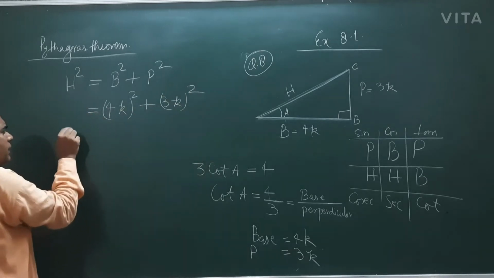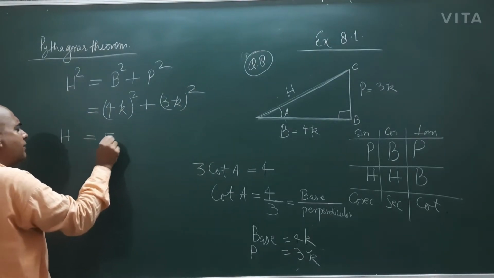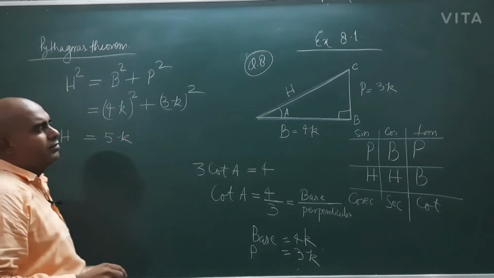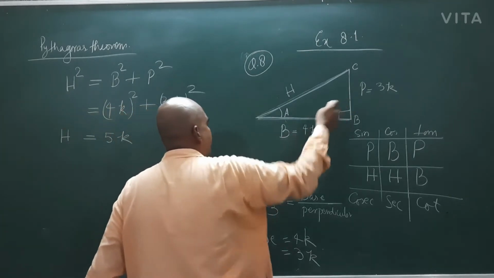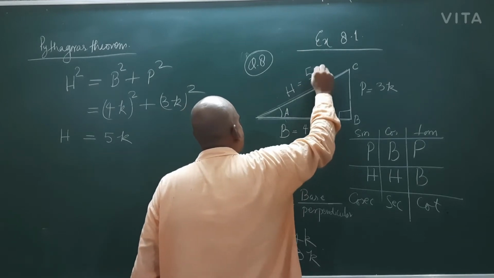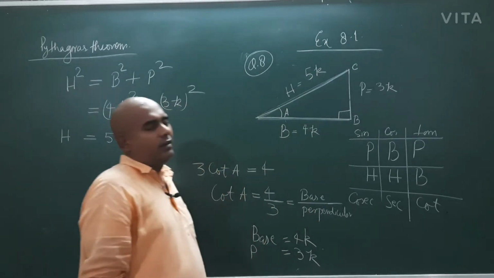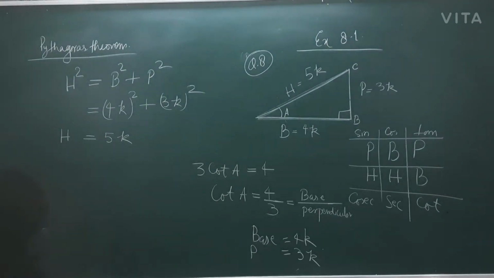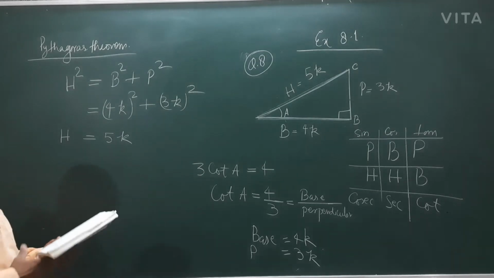You will solve and get h is equal to 5k, because 3, 4, 5. If anybody learns this, in competitions most of the questions come solved. There is no need to solve everything in an objective question. So this will be very good for you.